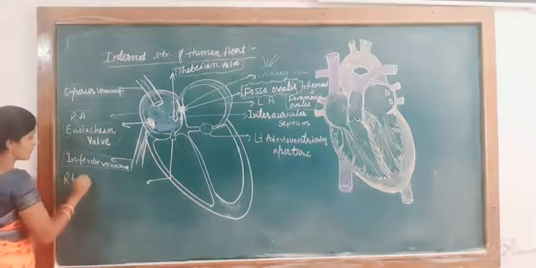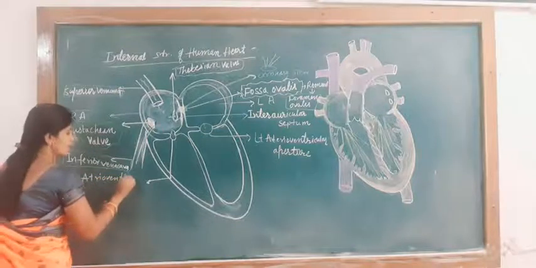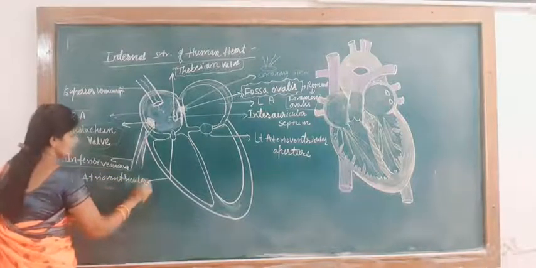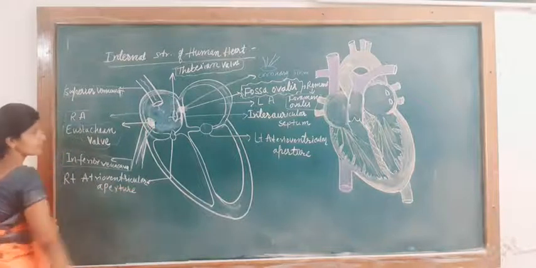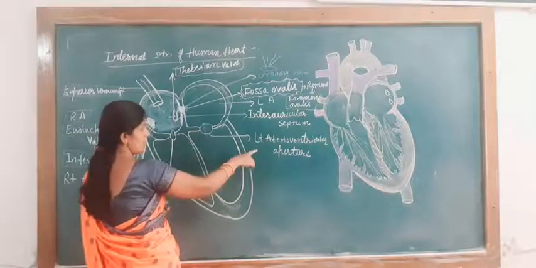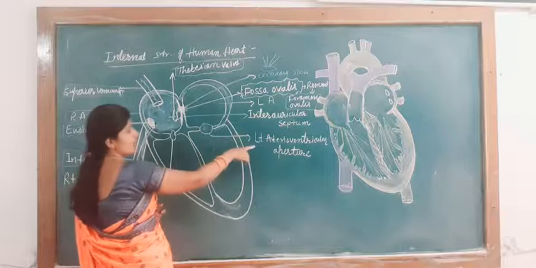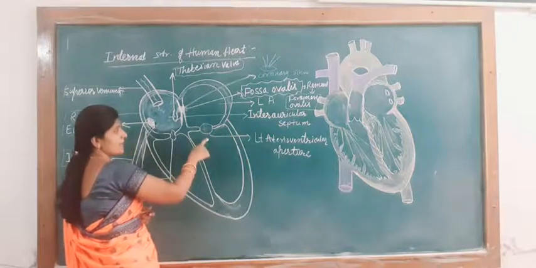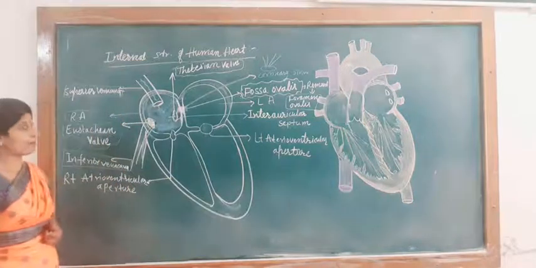Right atrioventricular aperture. The left side aperture is present between the left atrium and left ventricle. This aperture is called the left atrioventricular aperture.